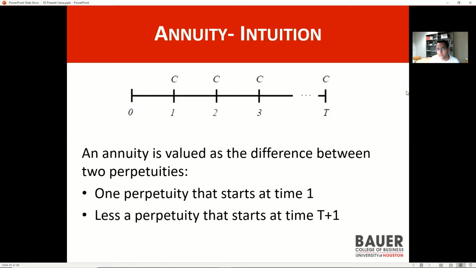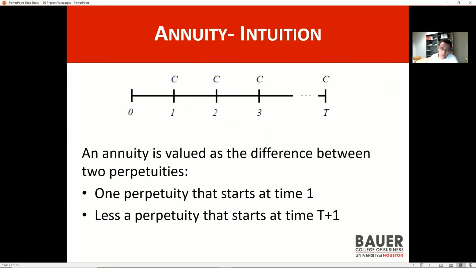Then you have a second perpetuity that starts paying right after time t, and that goes on forever. If you want to recreate an annuity, all you need to do is subtract the second perpetuity that starts at t plus 1. You subtract all those cash flows from the first perpetuity that's going on forever. And if you do that, all you're left with are these first t cash flows. And so you can recreate an annuity as the difference of two perpetuities.